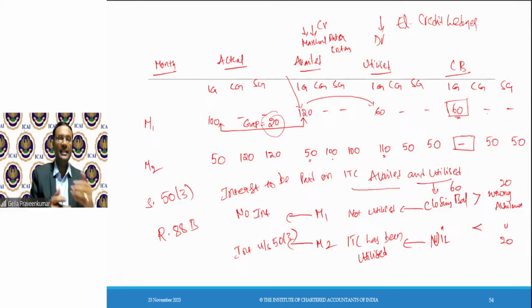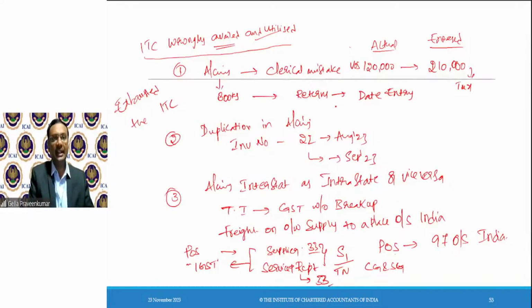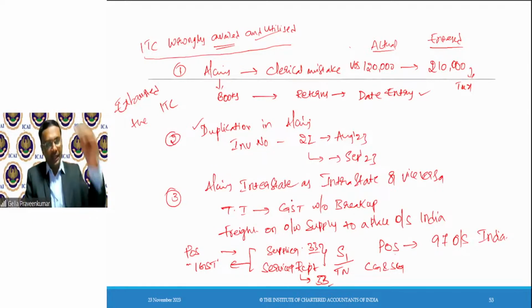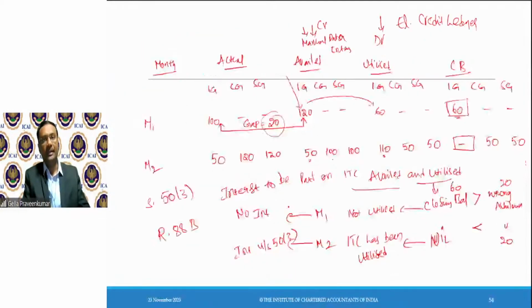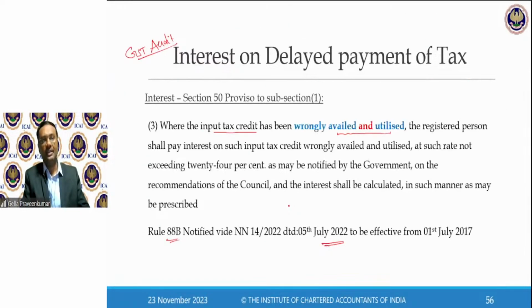Wherever you come across this kind of ITC wrong availment or utilization, probably the entry happened because of a clerical mistake, or ITC was availed because of duplication, or wrong interpretation or wrong accounting of interstate supply as intrastate supply. Any of these scenarios will call for payment of interest under section 50, subsection 3. This is what we have to understand.